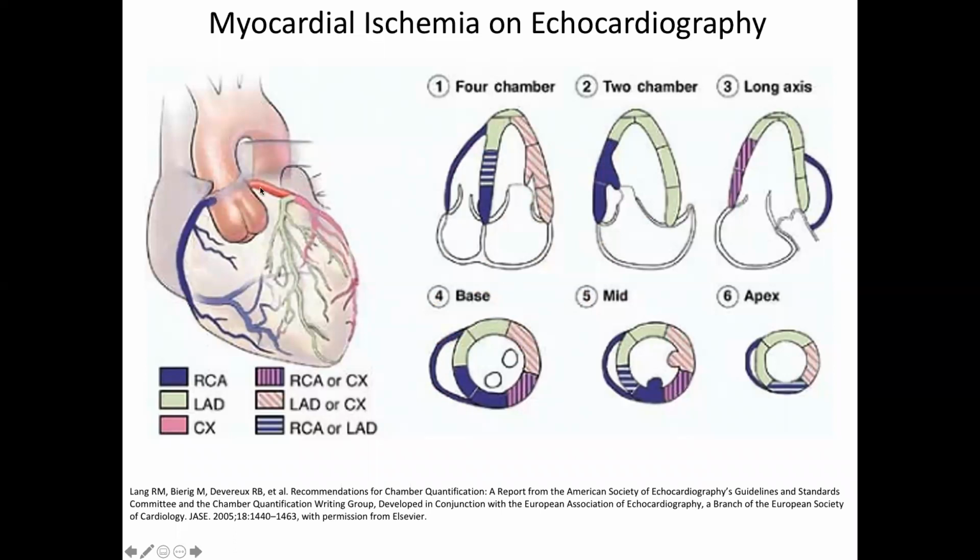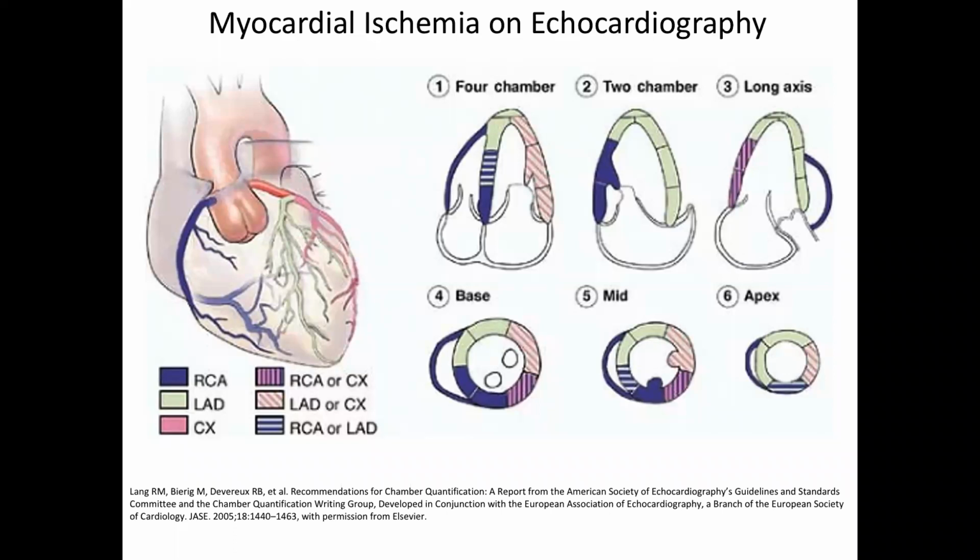Remember, I talked about this with a lot of hand waving. Here's a very nice diagram that maps the 17 segments that we saw in the classic echocardiography views to the vessels that feed those segments, right? If you see some big abnormality here in the 2-chamber view on this side of the heart, it is most likely the right coronary artery that is the culprit vessel.